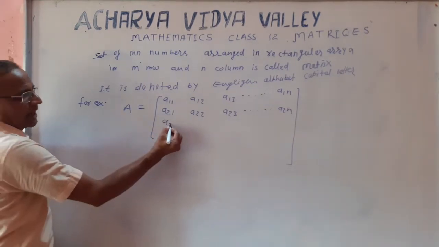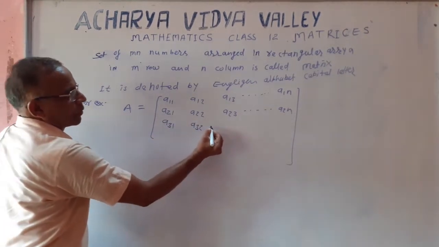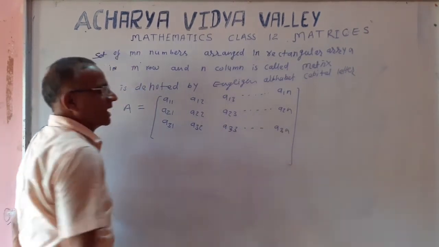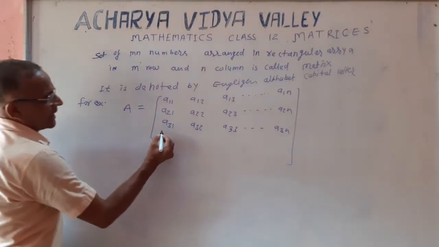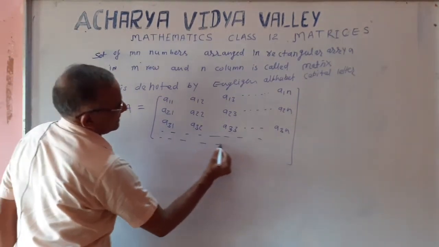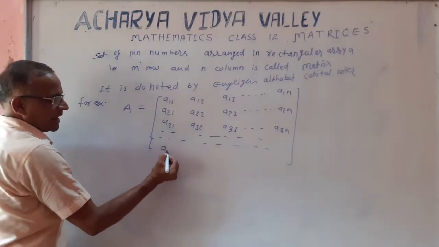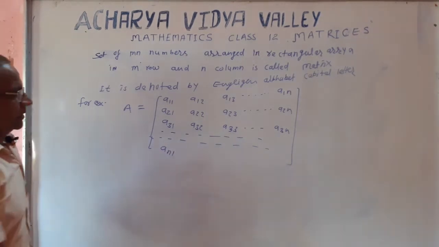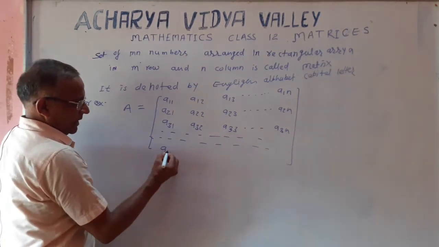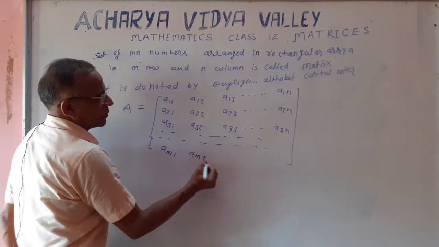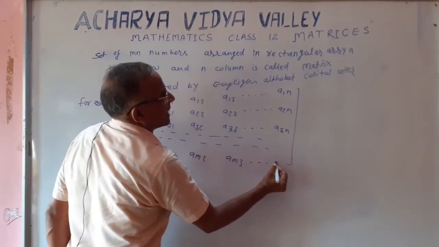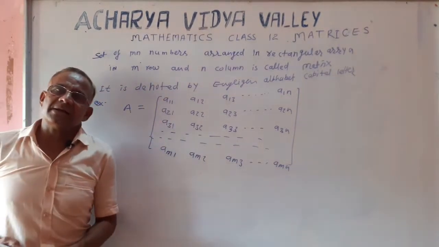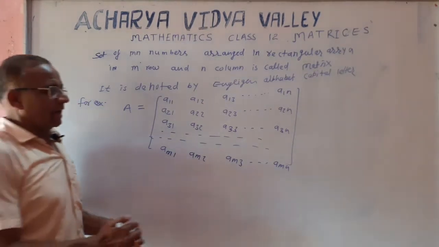Third row A31, A32, A33 dash dash A3n, and so on down to the last row Am1, Am2, Am3 dash dash Amn. This is a matrix of order m by n.